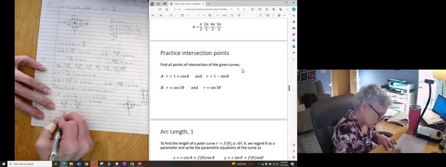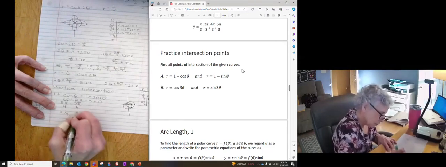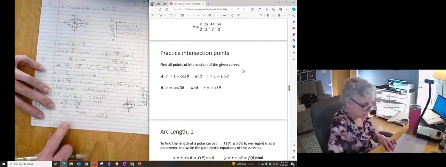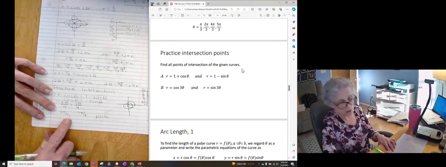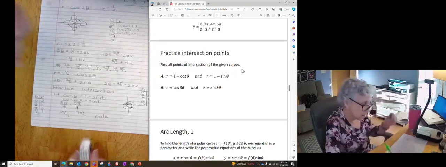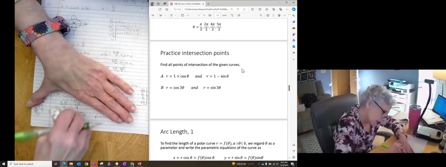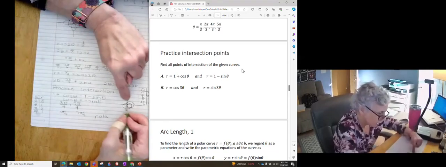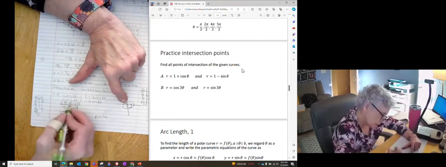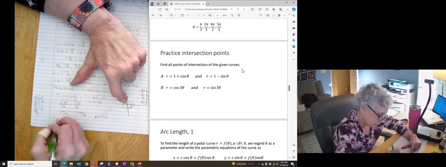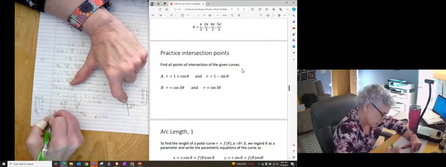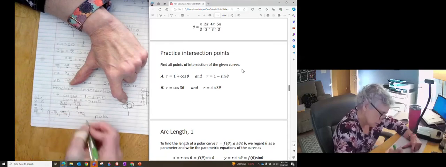So at 3 pi over 4, 7 pi over 4, the pole. And we actually need to have our polar coordinate here. So we need an r, theta. We have the theta. We just need the r. So at 3 pi over 4, it would be 1 plus cosine of 3 pi over 4, which would be 1 minus square root of 2 over 2.